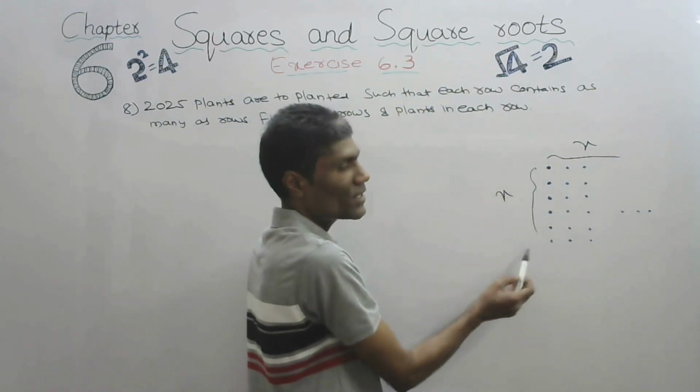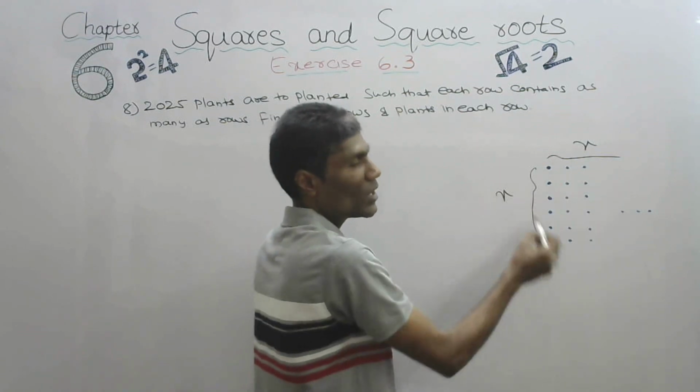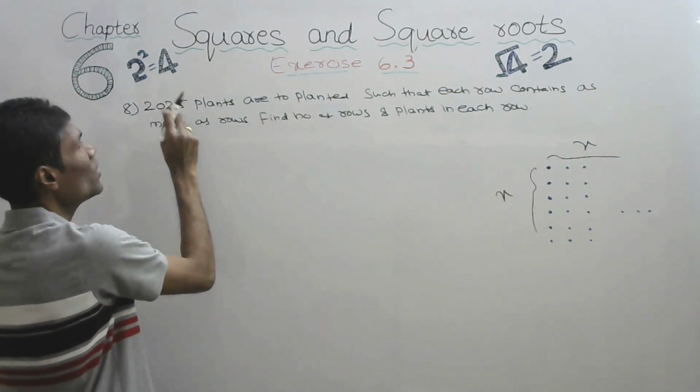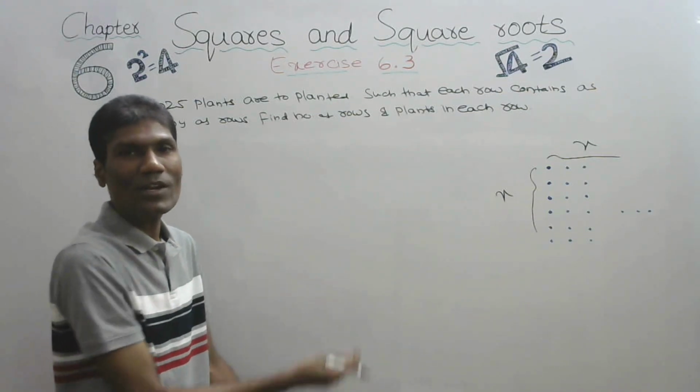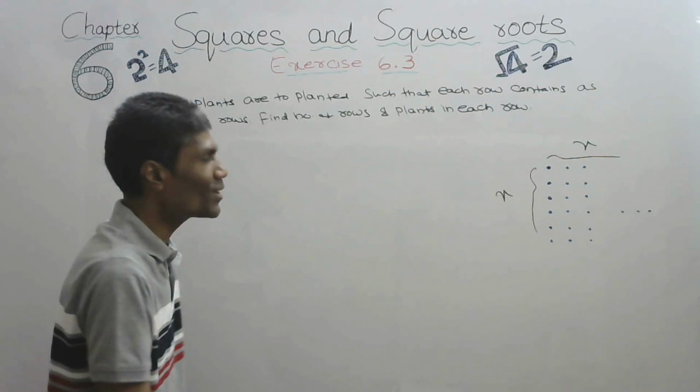So let us take this as x and this as x. So what is the total number of plants? X into x, X square equal to 2025. Now we need to find the square root of 2025. That's all. That is the question.